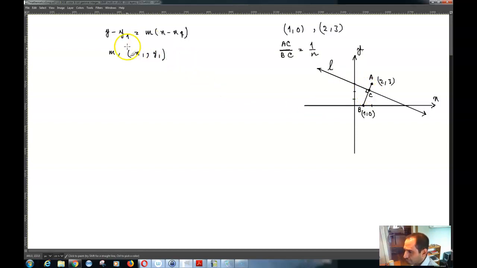For that point we can use the point C, and based on the slope of this line segment AB, I can calculate the slope of the line L, because the two lines are perpendicular. So that's what I'm going to do. Now I need to find the coordinates of the point C.